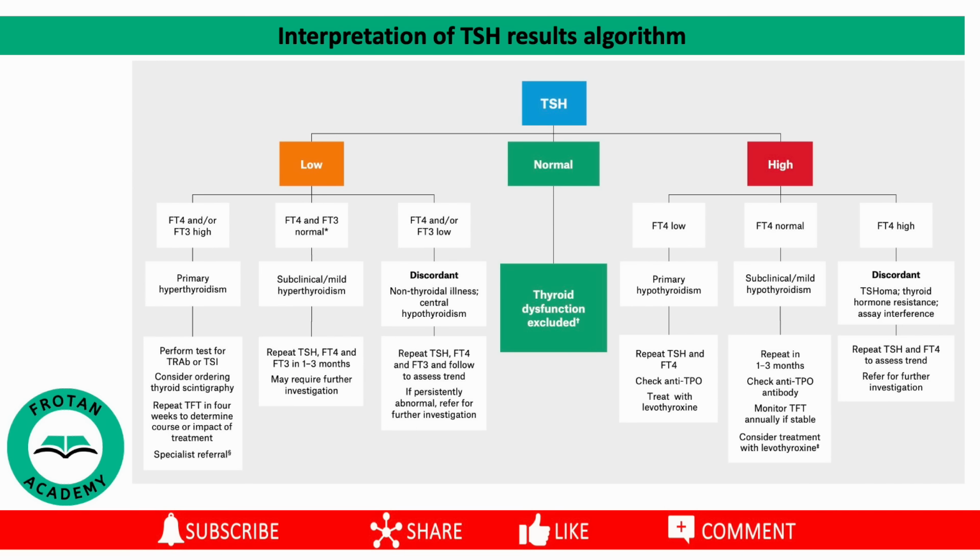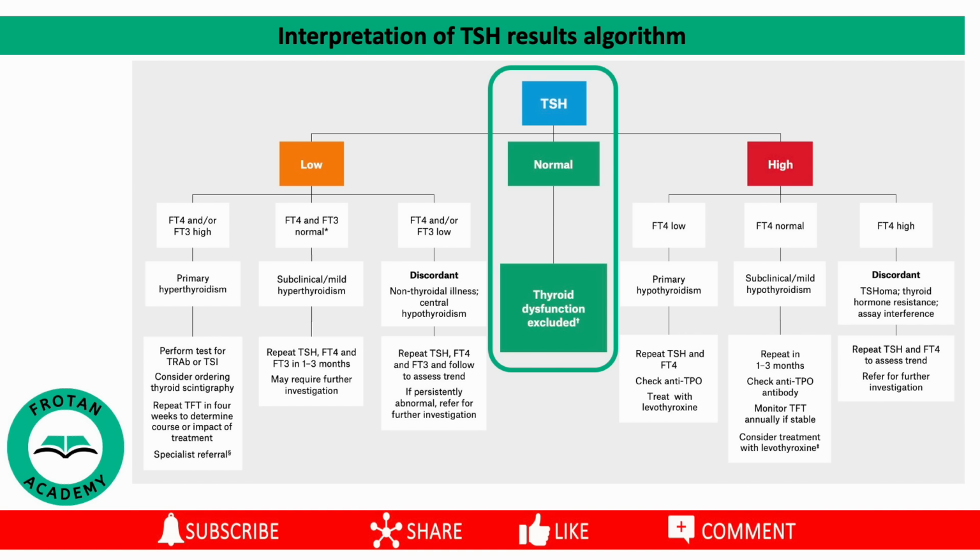Let's now look at a flowchart that shows how TSH and thyroid hormones are interpreted. A normal TSH result in a setting of low suspicion for thyroid disease usually excludes thyroid dysfunction. This is because symptoms of thyroid dysfunction, particularly hypothyroidism, are non-specific, and TSH is often used as a screening test in a wide range of clinical presentations with low pretest probability for thyroid disease.